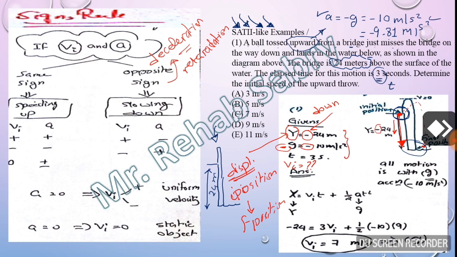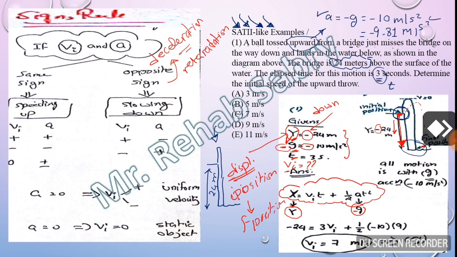Now we will search for an equation that contains y, g, t, and vi. In fact, it's the third equation: x equals vi t plus half a t squared, because it's a free fall. x will be replaced by y, a will be replaced by negative g.